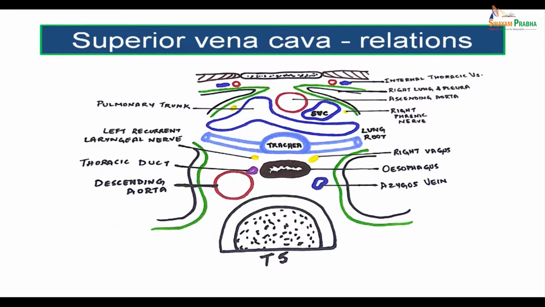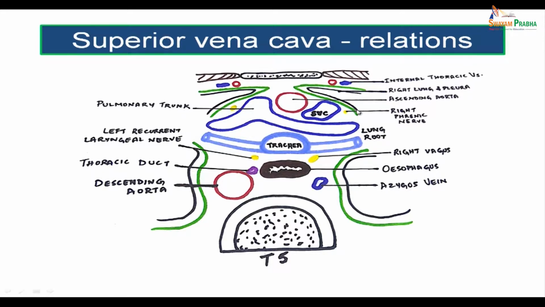When we look at the relations of the superior vena cava, you can see this is the superior vena cava. It is related anteriorly to the right lung and the pleura, which separates it from the internal thoracic vessels of the right side and the right intercostal spaces. To the medial side, it is related to the ascending aorta and the brachiocephalic trunk. Posteromedially, it is related to the trachea, esophagus and the vagus nerves.